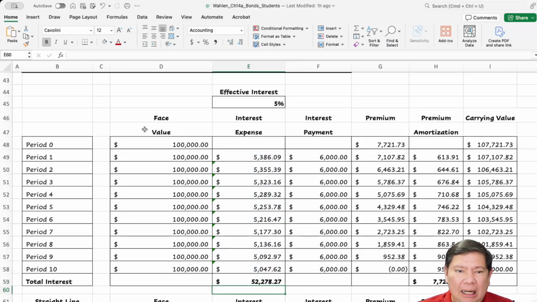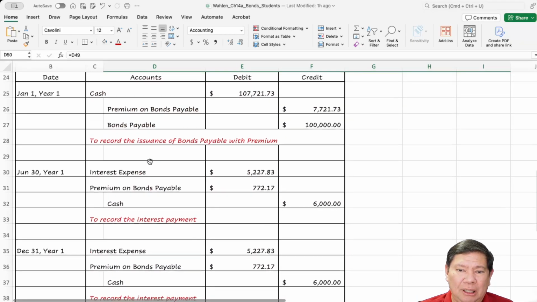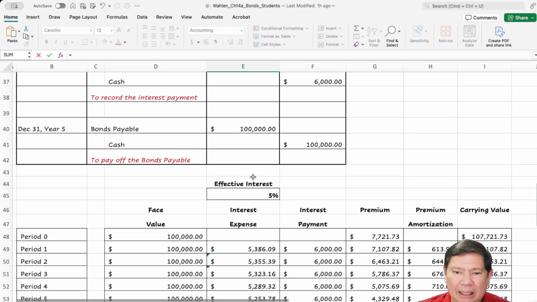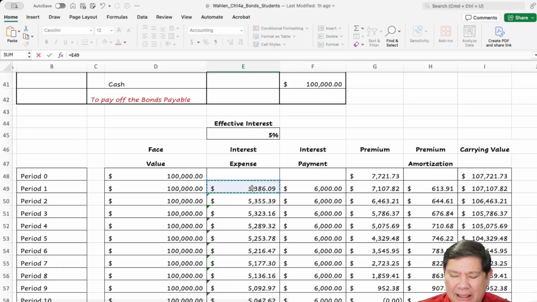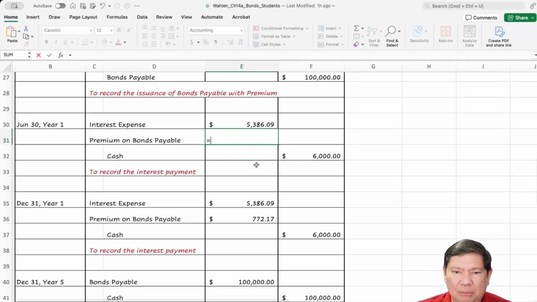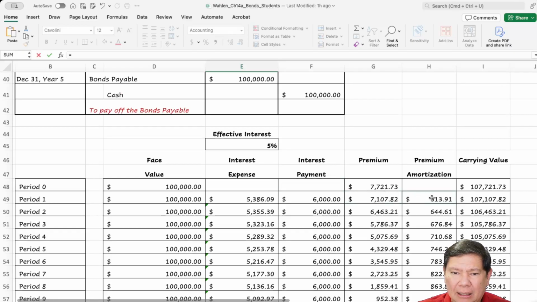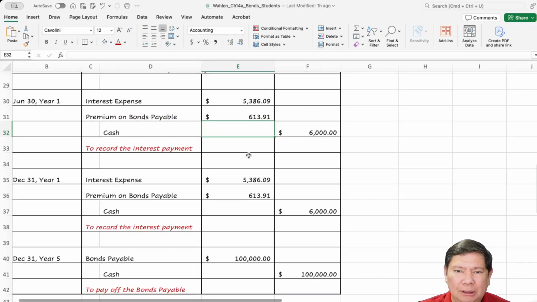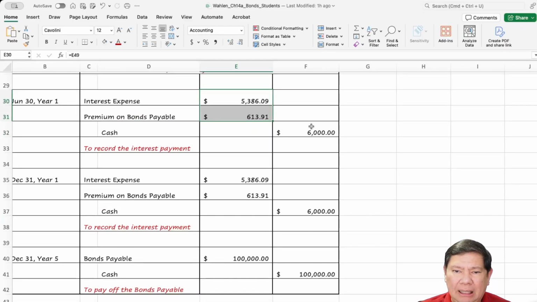Now you have information for every 6 months, but because we're using effective interest, they're not the same, they're different. For the first 6 months, the interest expense is going to be 5,386.09, and the premium amortization would be 613.91. So this will be 6,000.